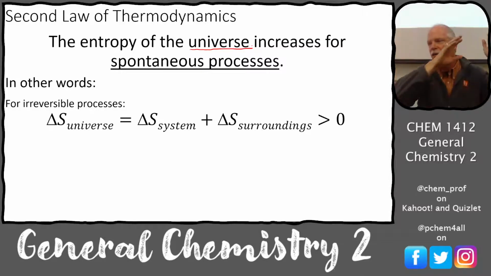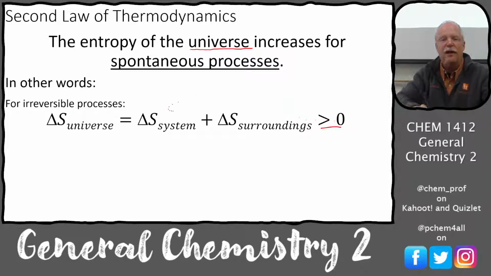And the chemistry rolls downhill to lower energy. So what causes it to roll downhill? It's this interplay of entropy and energy. So we're talking about entropy mostly today. So for irreversible processes, the entropy of the universe here is greater than 0.